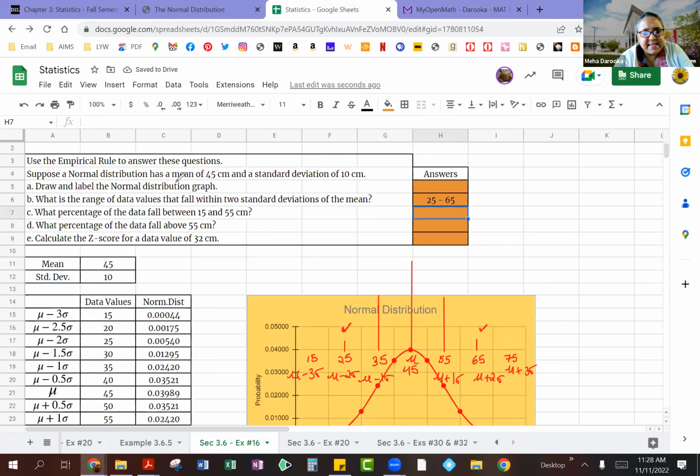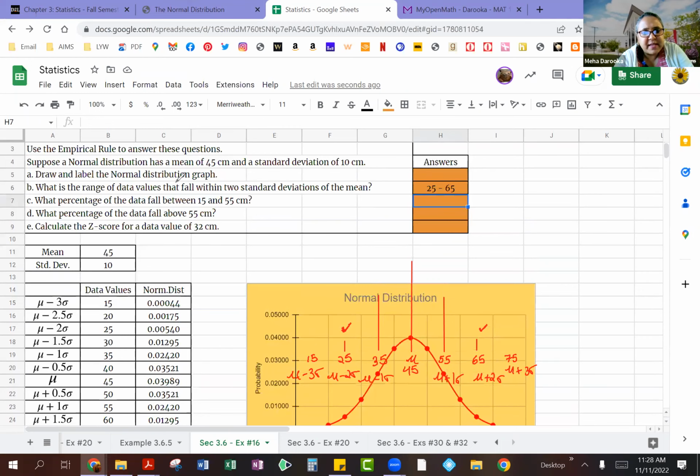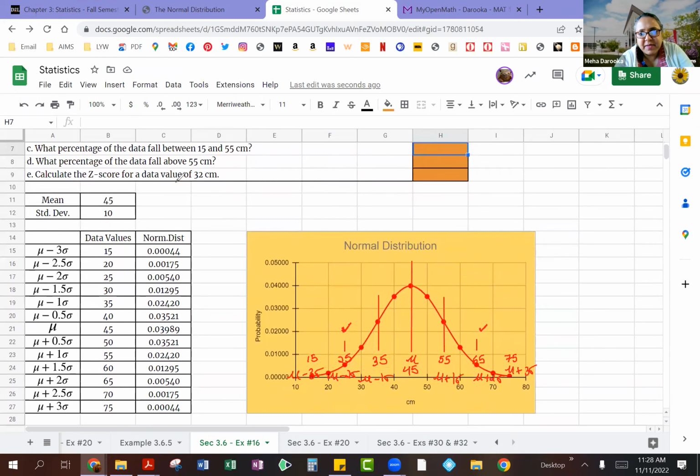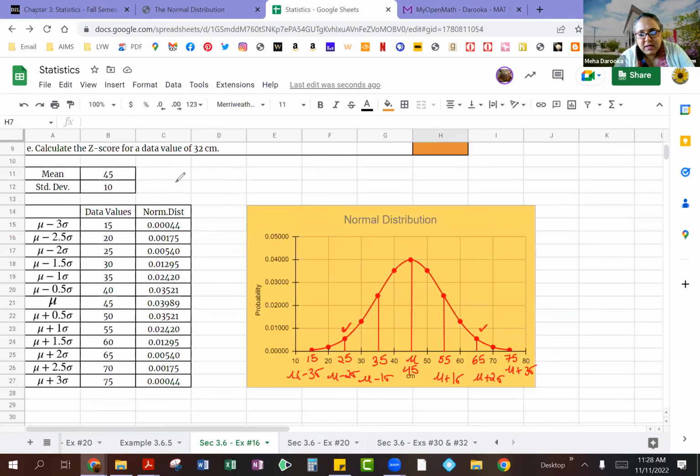All right, part C is asking us what percentage of data values fall between 15 and 55 centimeters. Okay, so as you can see, our 15 is right over here. So that's 3 standard deviations below. And they're saying going from 15 to 55, which is this here. So they're basically wanting to know what percentage of data values are falling within this section of our normal curve.